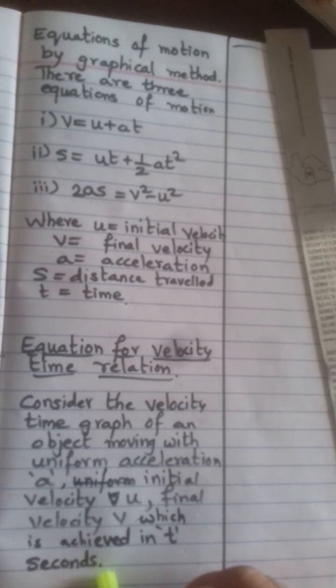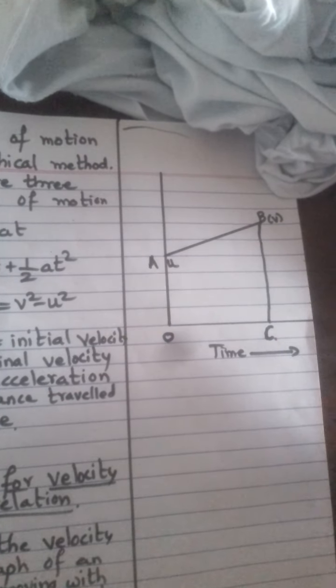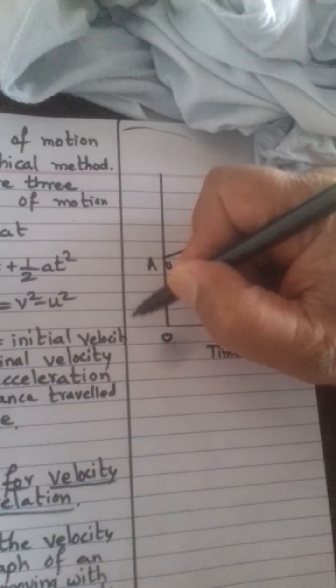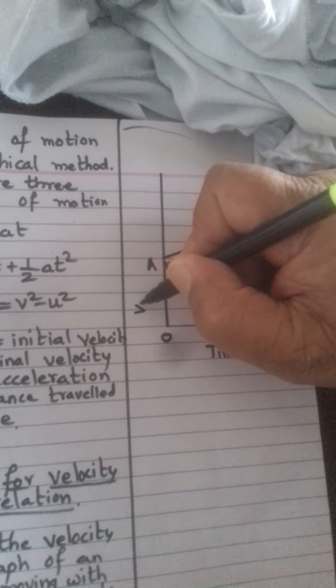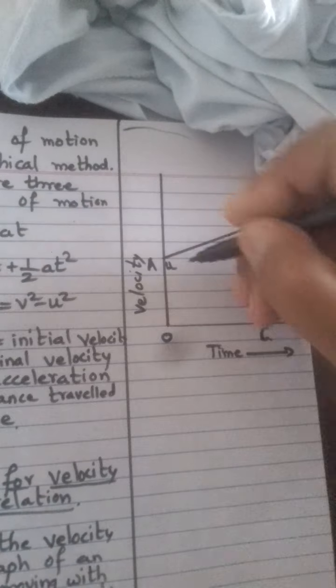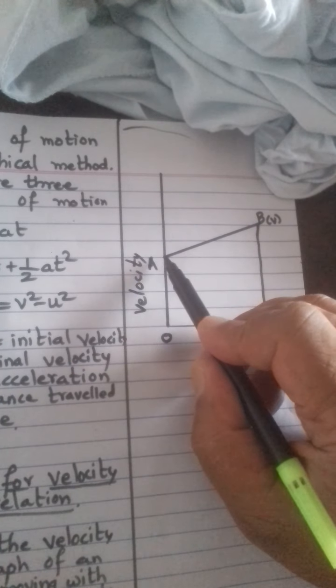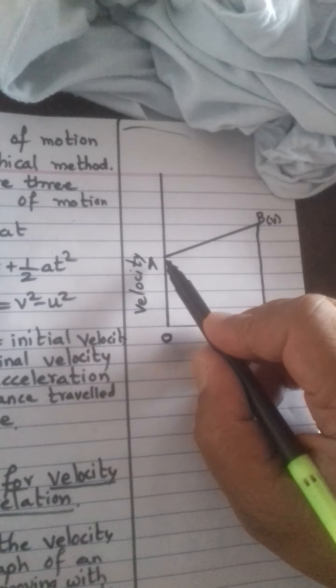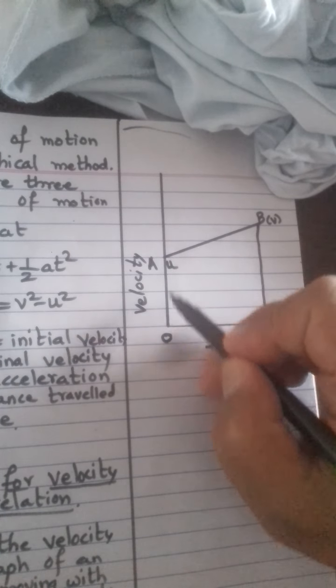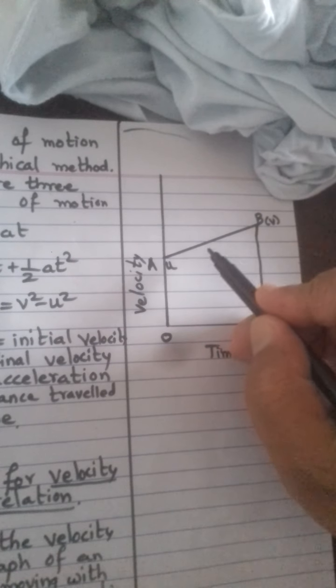I will draw this velocity time graph. So I have drawn the velocity time graph. Okay, this y-axis is the velocity. So I have considered here an object moving with initial velocity u. Initial velocity u is represented by OA and it's moving with acceleration.